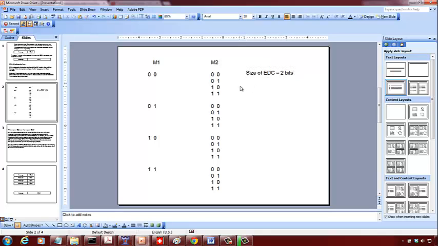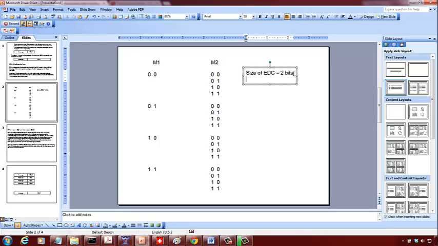So for, say, the message M1, my error detection code value, if you have only 2 bits, could be what? Either 0 0, or 0 1, or 1 0, or 1 1. These are the 4 possible values.